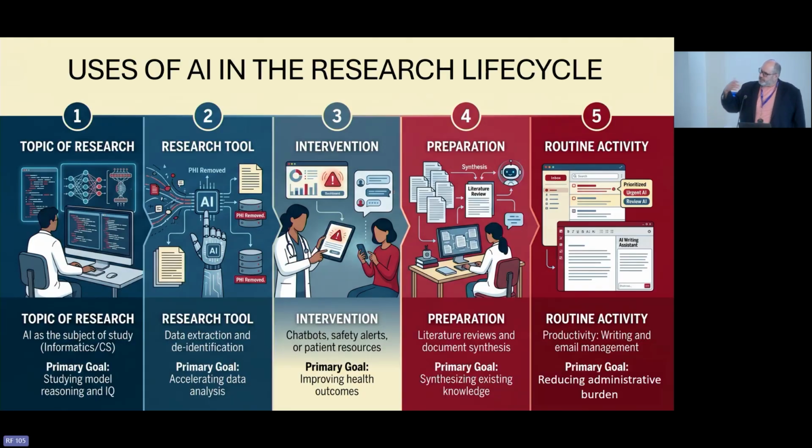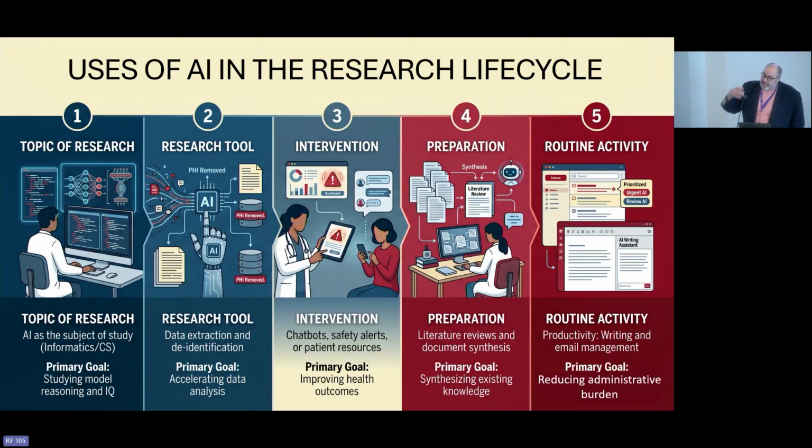research. You, as a computer scientist, might study AI and its methods and its techniques and try to evolve and improve the actual core fundamental system. Research tools might be data extraction and de-identification tools that allow you to do your work, but aren't necessarily central to the research question core.